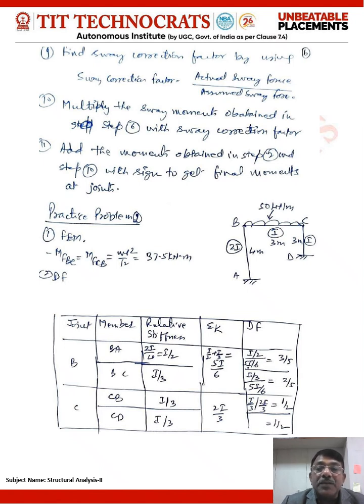Say you can notice a problem, a frame which has unequal length of the column, loaded with a load of 50 kilonewton meter. In the non-sway analysis, you will find the distribution factor at the joints, after finding out the fixed end moment in the beam BC.